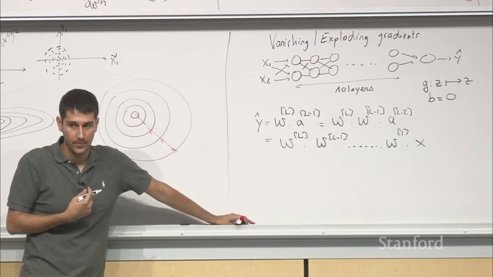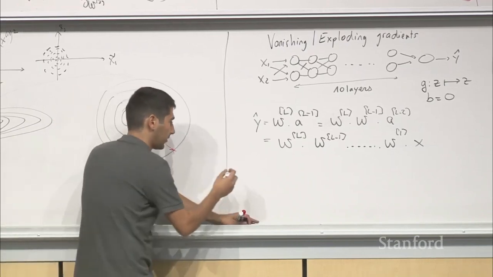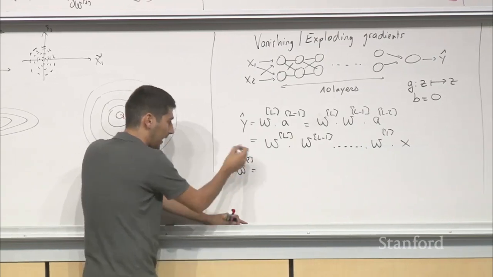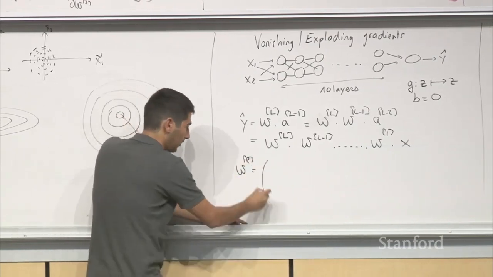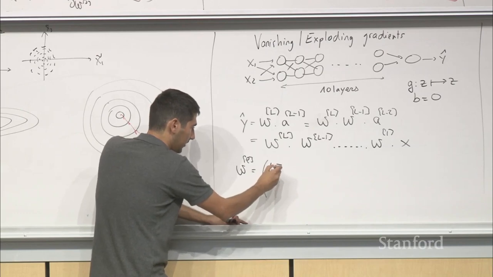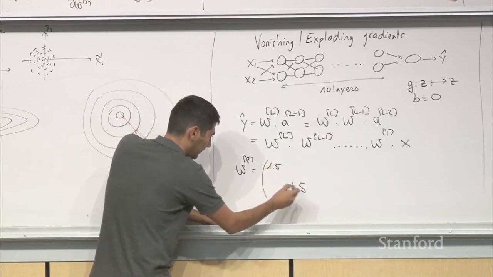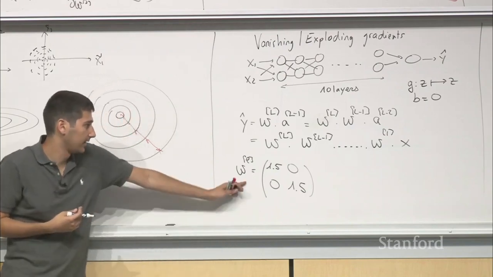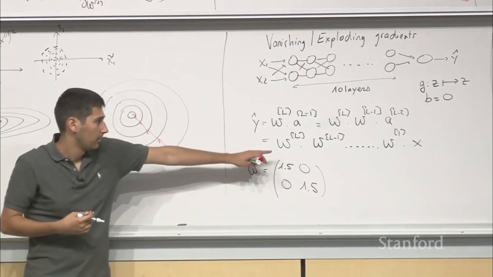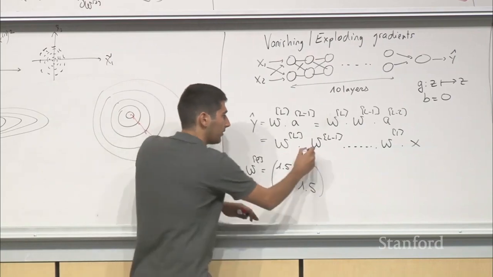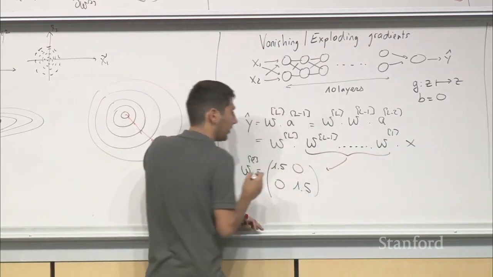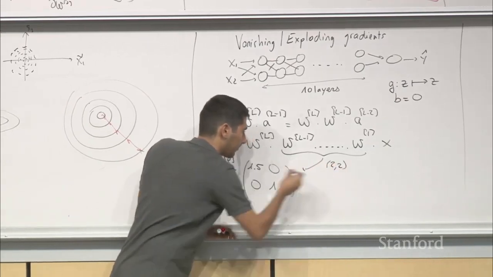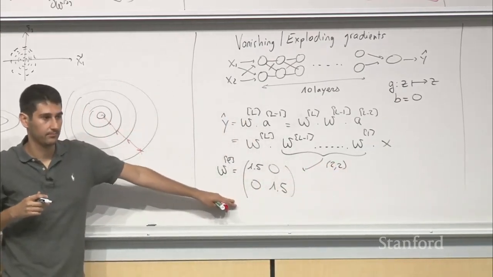Right? So now let's consider two cases. Let's consider the case where the W matrices are a little bigger than the identity, a little larger than the identity in terms of values. Let's say all these matrices, which are 2 by 2 matrices, are these ones.